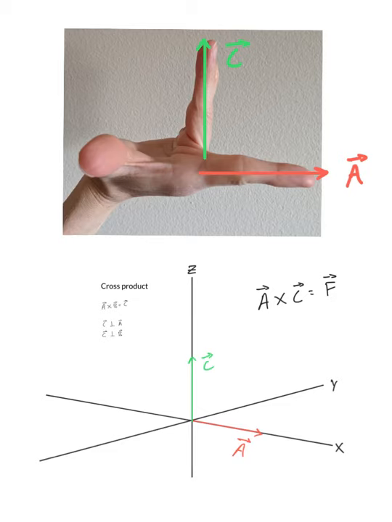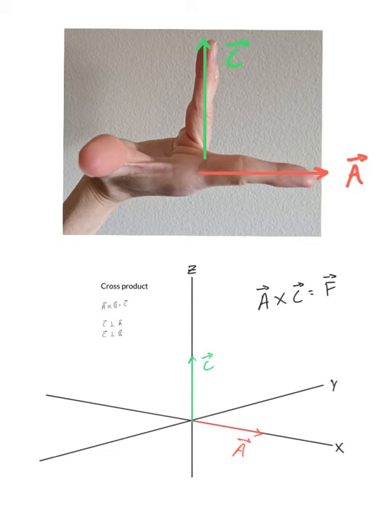As another example of using the right-hand rule to find the direction of the resulting vector when two vectors are cross product, let's look at the vectors A and C. Vector A points in the positive x direction, vector C points in the positive z direction, and if we use the same hand position, our index finger should be pointing directly to the right, our other three fingers should be pointing directly upward toward the top of the screen, and therefore our thumb should be pointing straight out of the screen towards us.